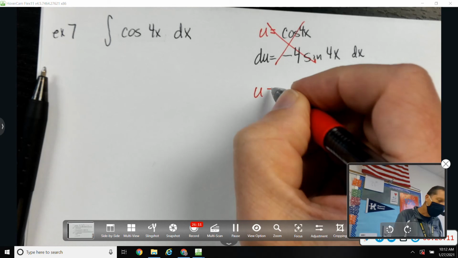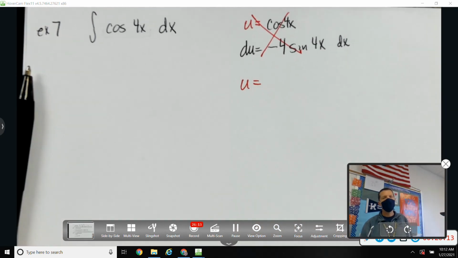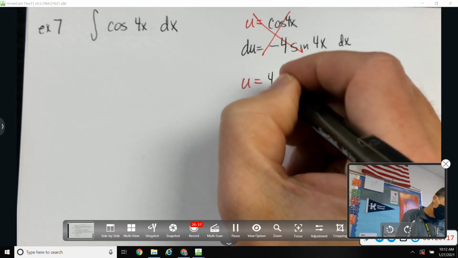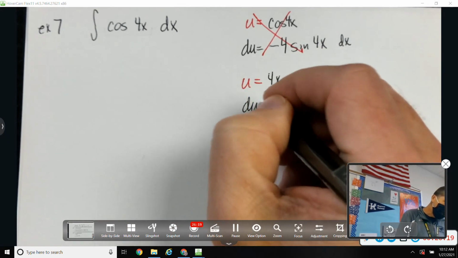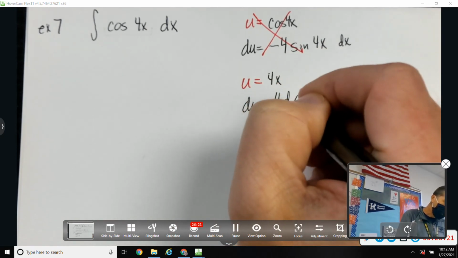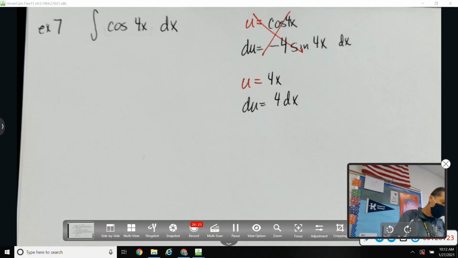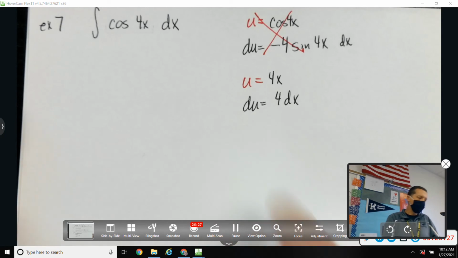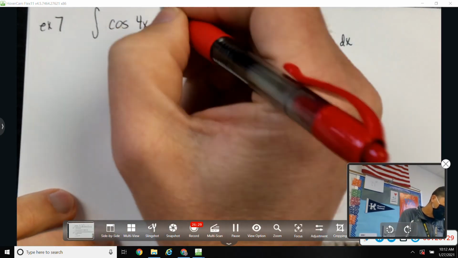So we try again. Let's try 4x. Much simpler. du then would be 4 dx. Okay, I can make that happen. I can stick a 4 in there on the dx and a 1/4 out front.